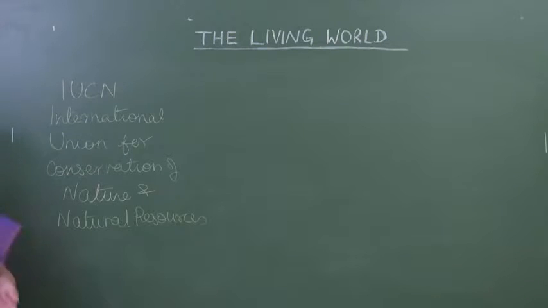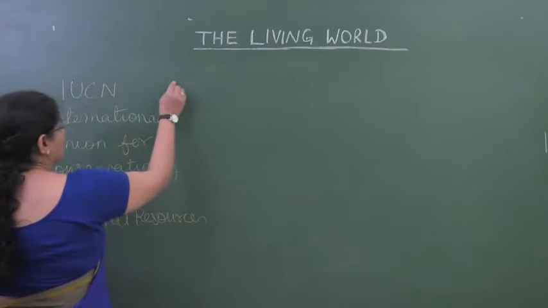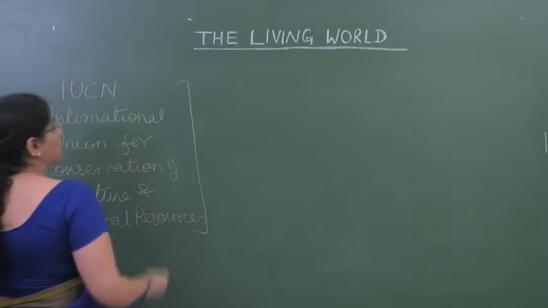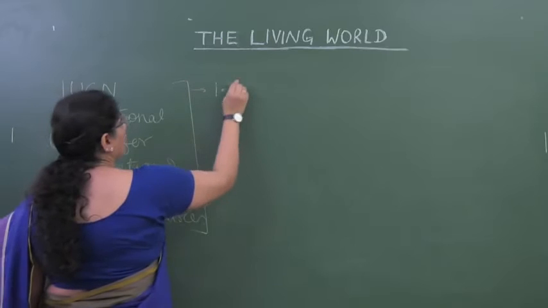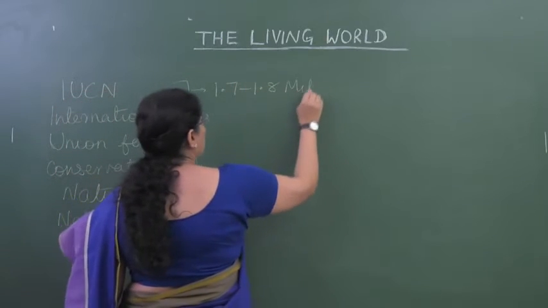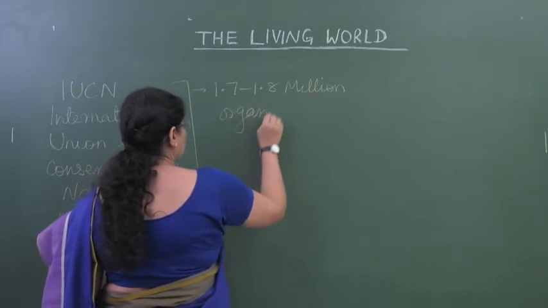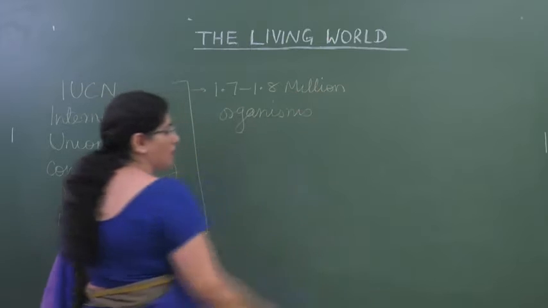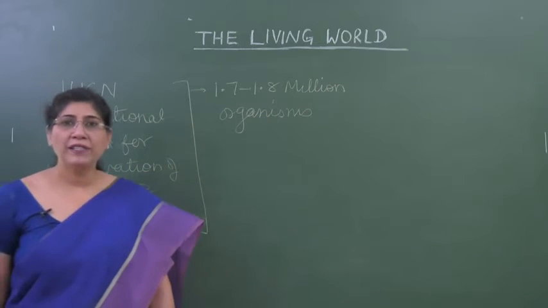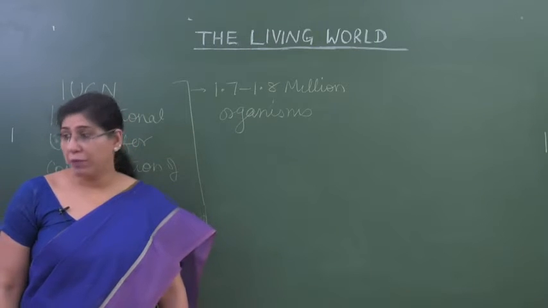There is more after nature too: nature and natural resources. According to IUCN, there are around 1.7 to 1.8 million organisms which are present on earth.